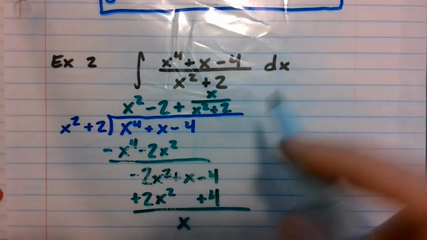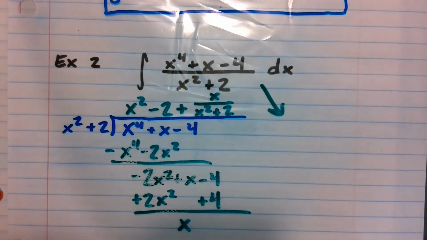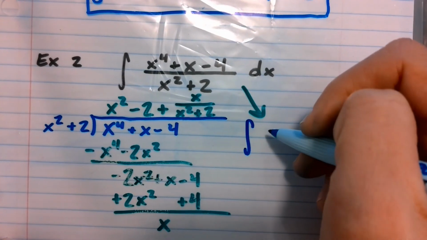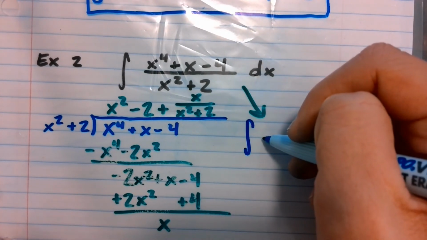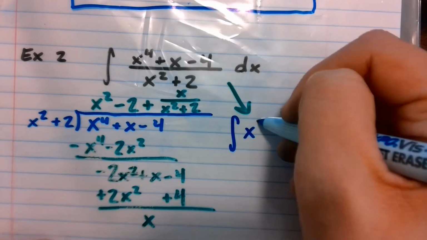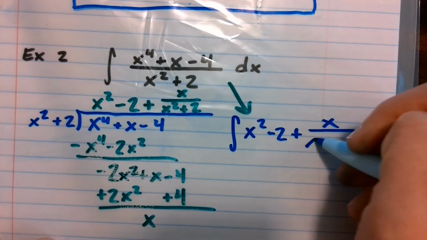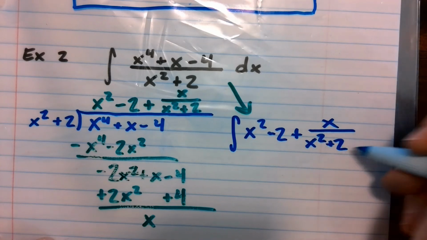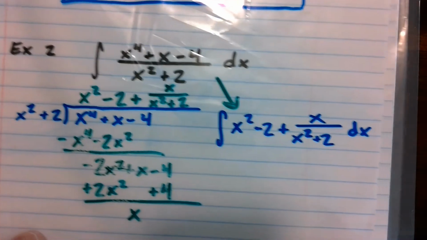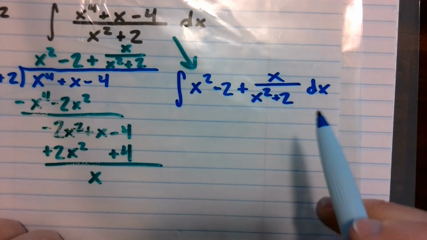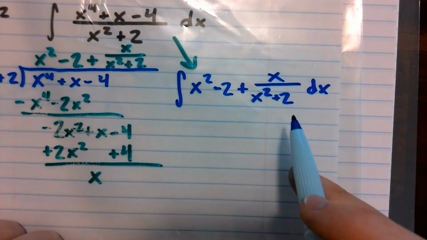So I have just changed this problem from the integral of what we started with to the integral of when we divide them: the integral of x squared minus 2 plus x over x squared plus 2. This might look more complicated, but it really is better because I'm allowed to break it up into two different integrals.